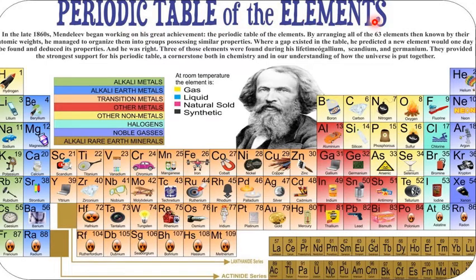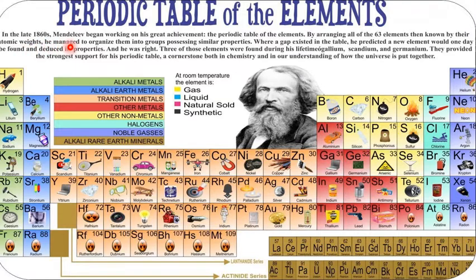Periodic table of the elements. In the late 1860s, Mendeleev began working on his great achievement, the periodic table of the elements, by arranging all of the 63 elements then known by their atomic weights.